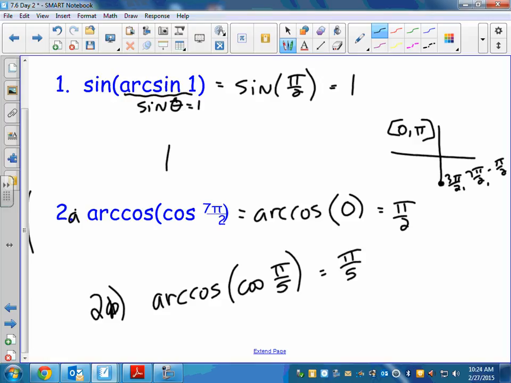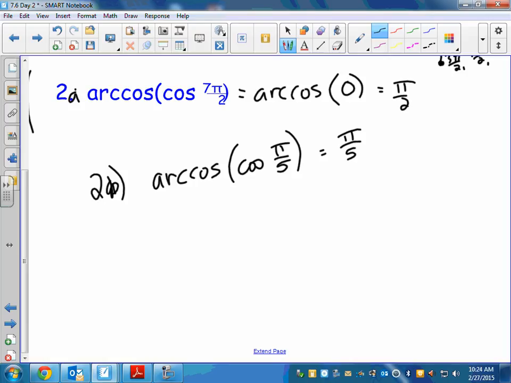What about this one? Let me stick with cosine since we're close to it. What if I said negative, I'm just going to think of something terrible, 13 pi over 40. Negative 13 pi over 40 is definitely not between 0 and pi.